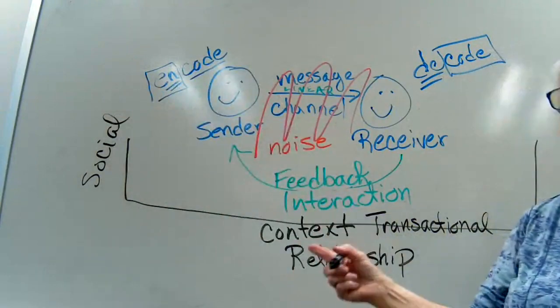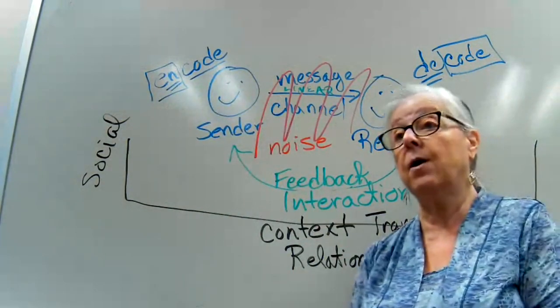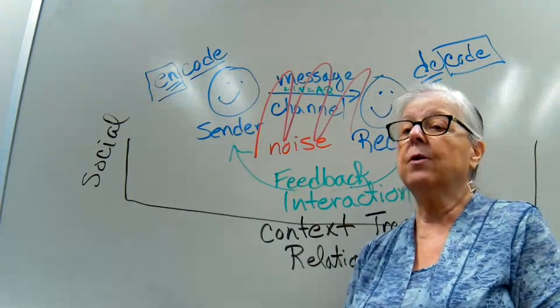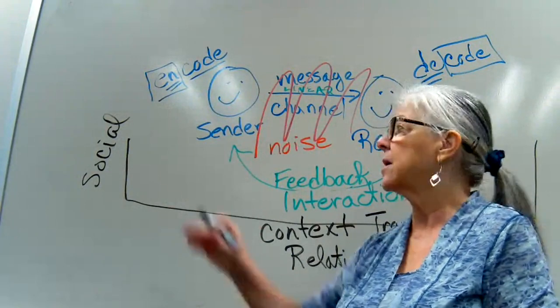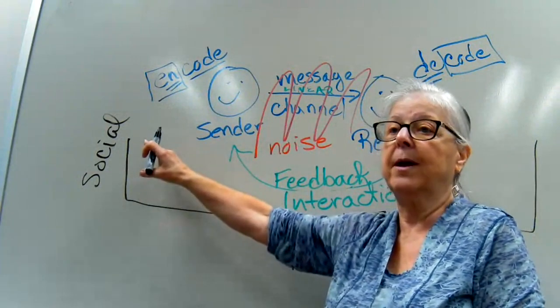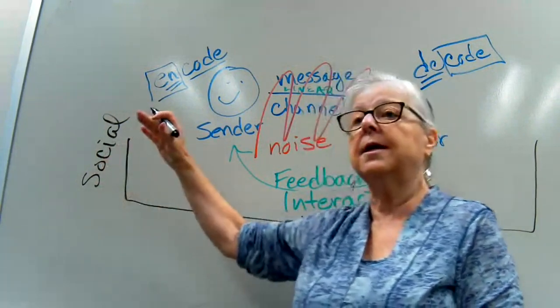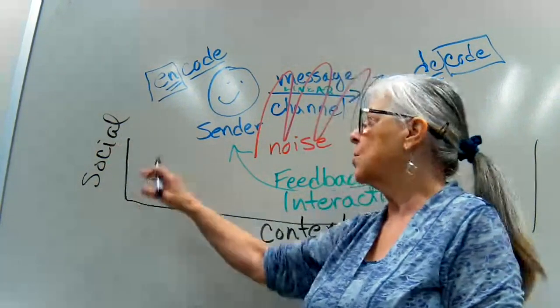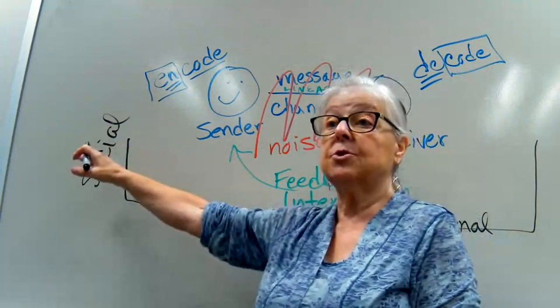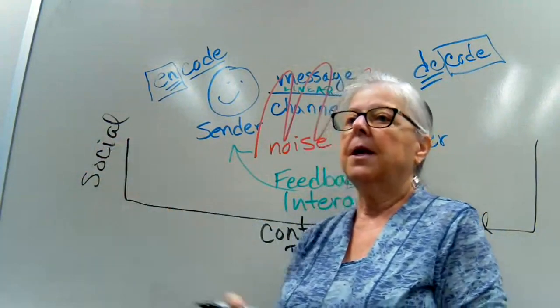The social context has to do with power structures. Power structures are really like socioeconomic. You think about it that way. So social is, again, social status. So student to instructor is different.